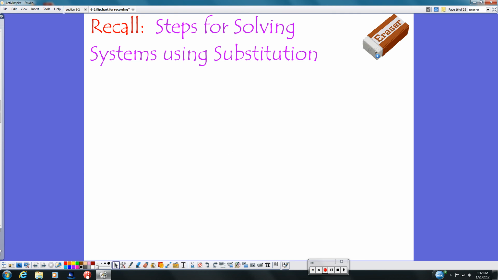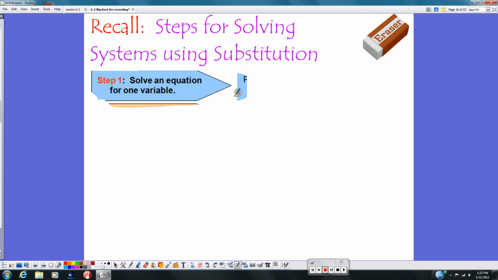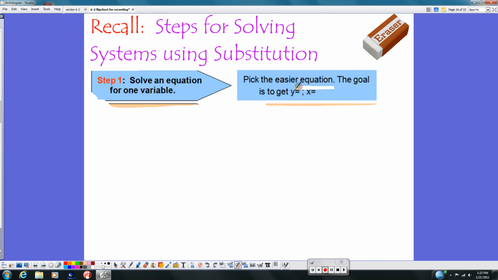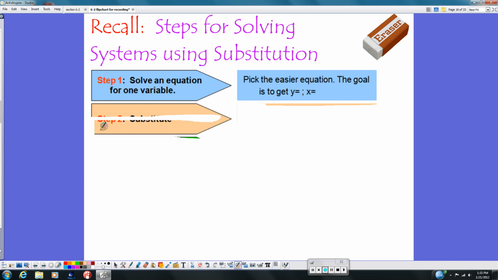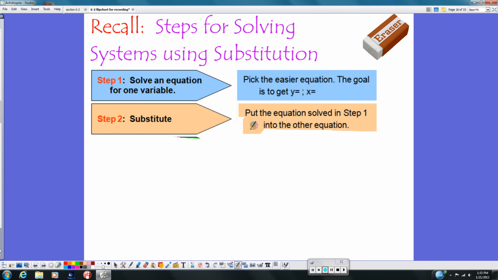Again, let's review the steps for solving a system using substitution. Step 1 is to solve an equation for one variable. Now yesterday, in the first part of the section, we did equations that had the variable already solved for. Today, we're going to have to do step 1. Step 2, remember, is to do the substitution. That's when you put the equation that you solved for in step 1 into the other equation.